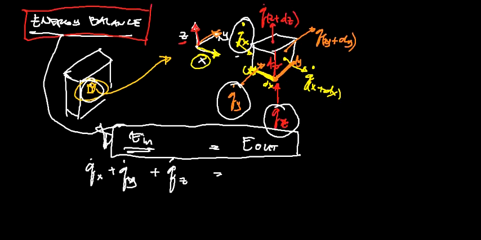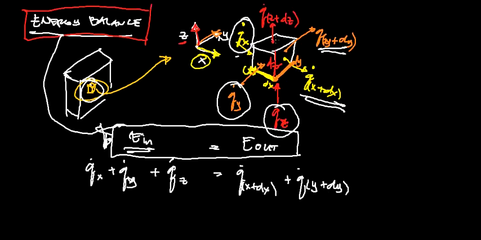The Q going out is Q x plus dx, plus Q y plus dy, and lastly plus Q z plus dz.